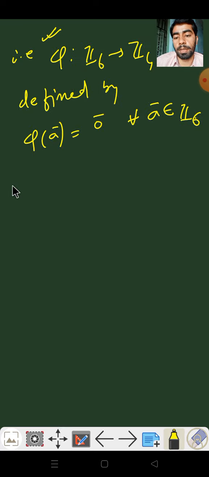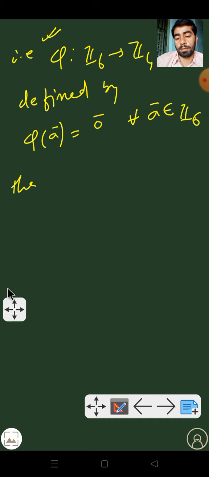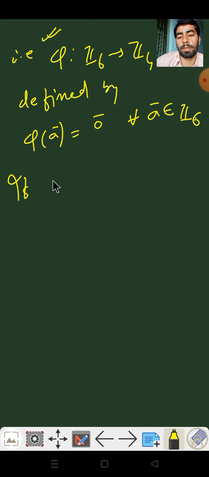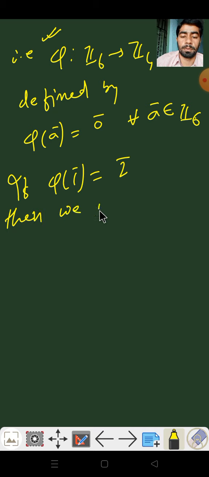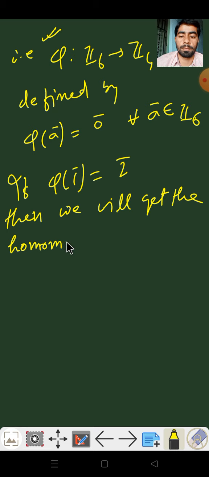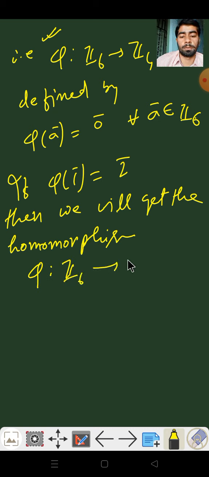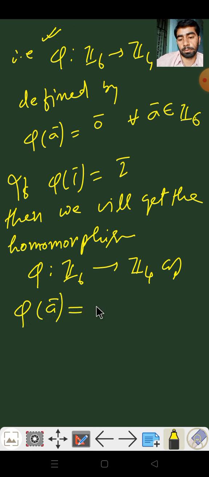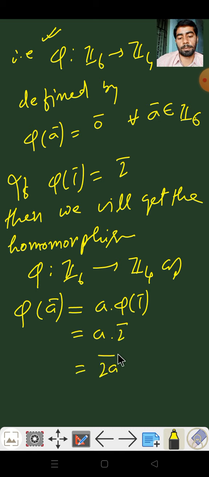In this case, the homomorphism is phi from Z6 to Z4 given by phi of class of A equals A times phi of class of 1, which equals A times class of 2, which is class of 2A. That is, phi of class A is class of 2A.